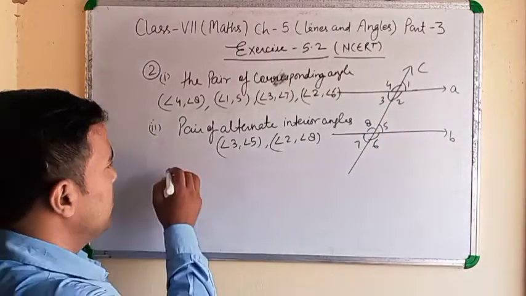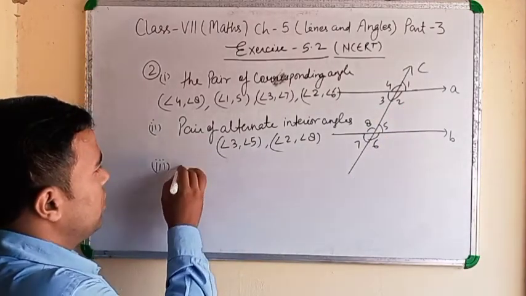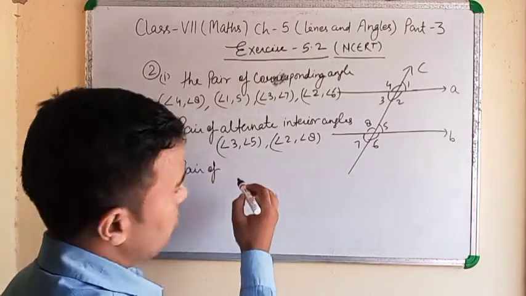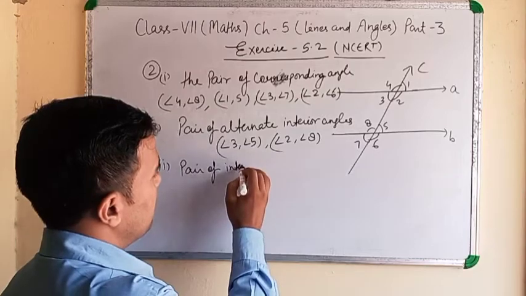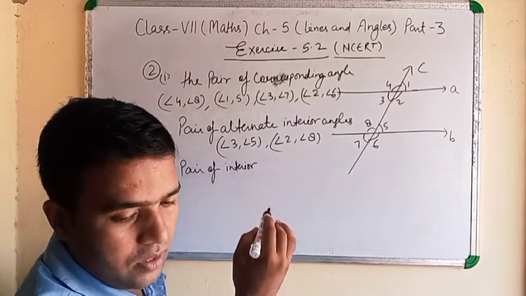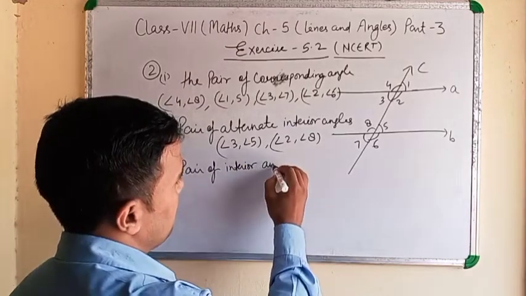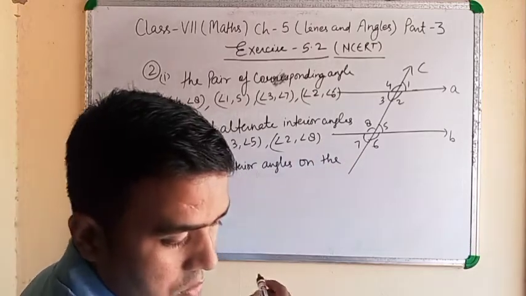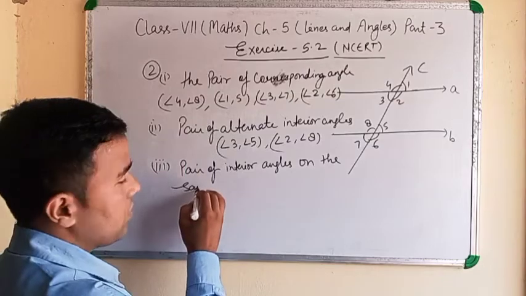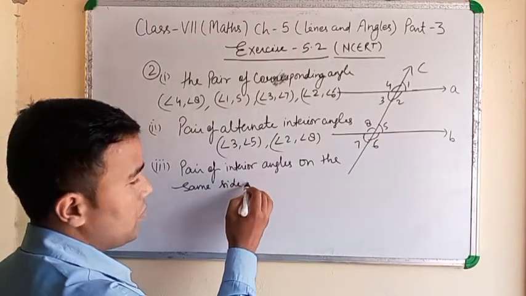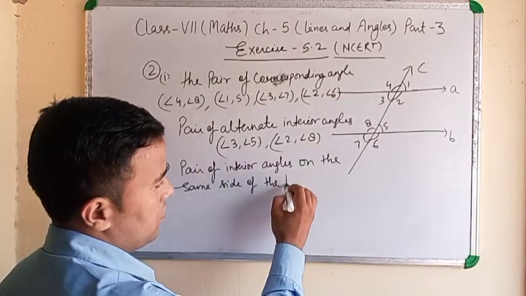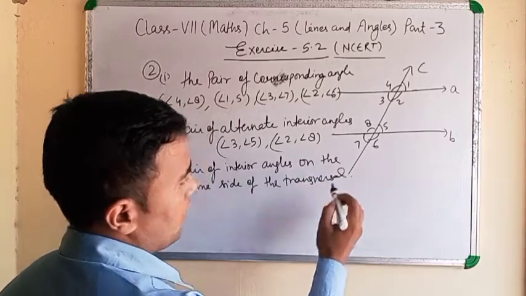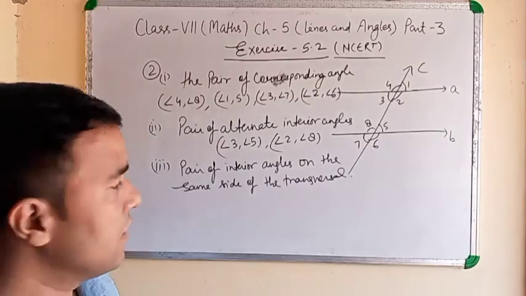The third one is the pair of interior angles on the same side of the transversal. Not alternate, it is telling.